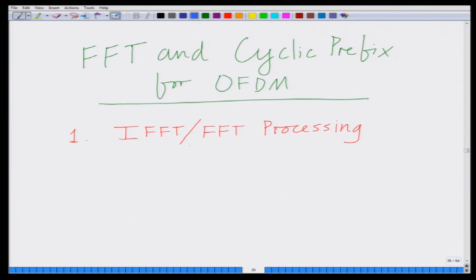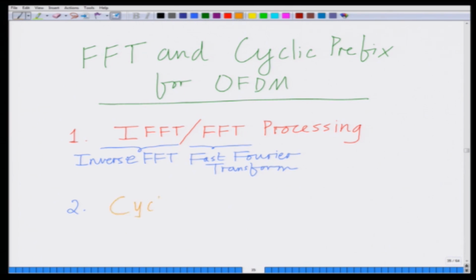As you all might already be familiar, FFT is the fast Fourier transform, and IFFT is the inverse fast Fourier transform. And two, the second is what is also known as a cyclic prefix, which is also abbreviated as CP.